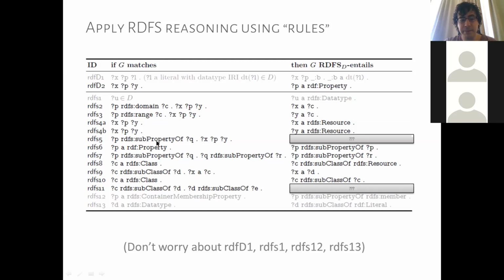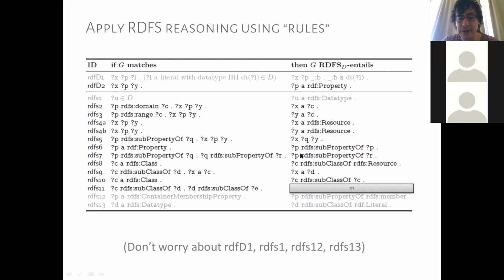So we have P subproperty of Q, x p y. What would we expect? Let's quickly look. We have x p y here, so we can infer that x is a resource. We have x p y here, so we can infer that y is a resource. We have P subproperty of Q, x p y, so we could probably guess that this would give x q y, right?